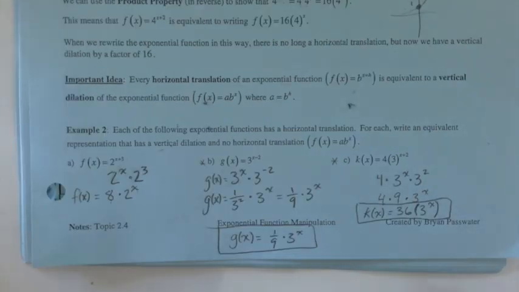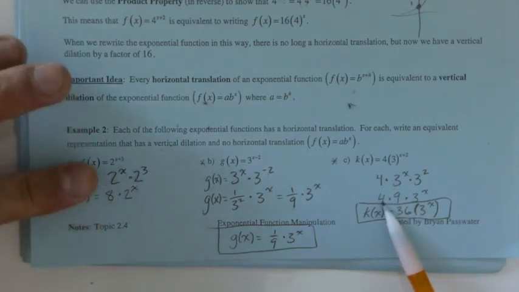All right, take a look at B and C. Key thing in B is that 3 to the negative 2 power became 1 over 3 squared. The negative 2 turns into a fraction, which gave us 1/9. So since this one moved to the right, the y-intercept got smaller, down to 1/9. Over here, the 4 stayed out front.